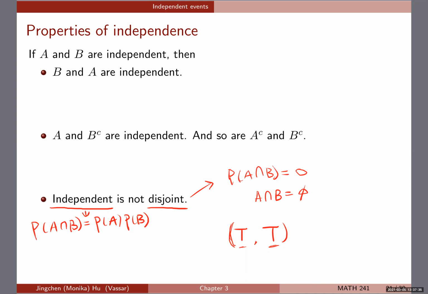But as you can see here, they are not disjoint, because they could happen at the same time. So I wanted to use this example together with the mathematical definition to highlight that independent is not disjoint, and disjoint is not independent. So when we are thinking about those concepts, we want to follow their definitions carefully, and in applications make sure we're doing everything correctly.